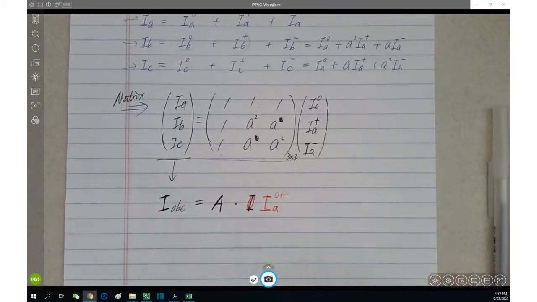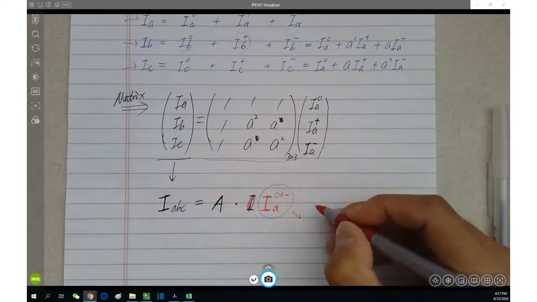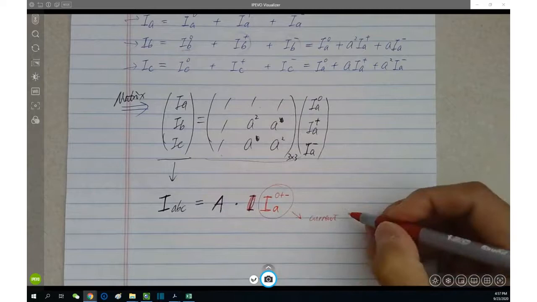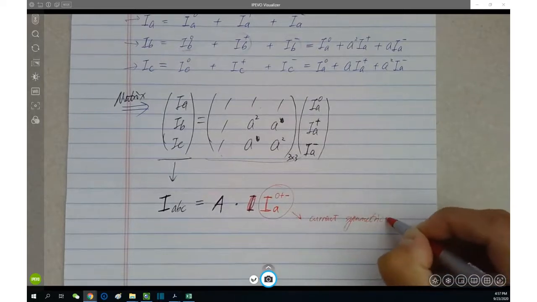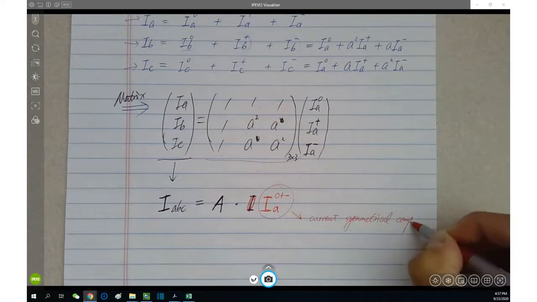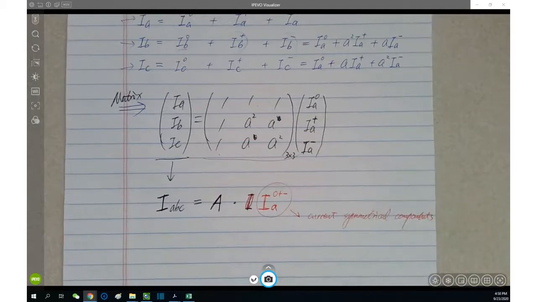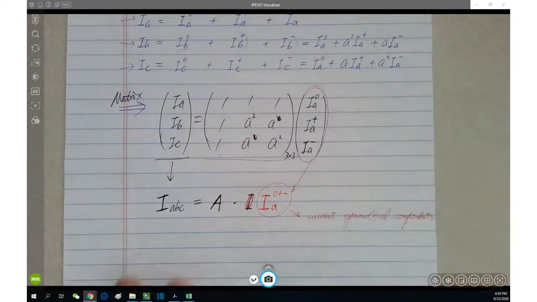And this is called the current, because we are talking about a current, symmetrical components. This is really the title.